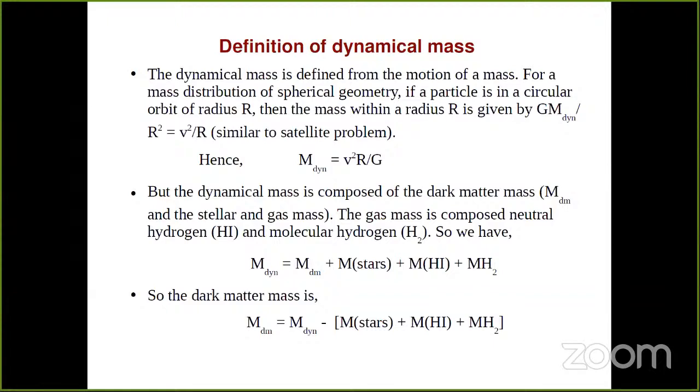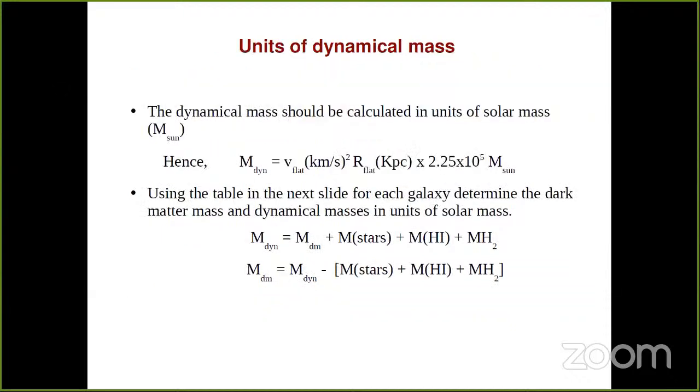As you see from the relation below, dynamical mass is equal to M_DM, the dark matter mass, plus stellar mass, plus neutral hydrogen, plus molecular hydrogen. So the dark matter mass is simply M dynamical minus all the baryonic mass, basically the sum of the stars and the gas. I've given a table for that, and the next thing you have to do is plot some quantities.